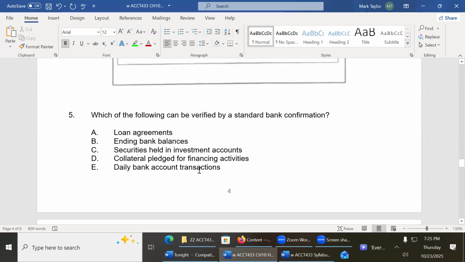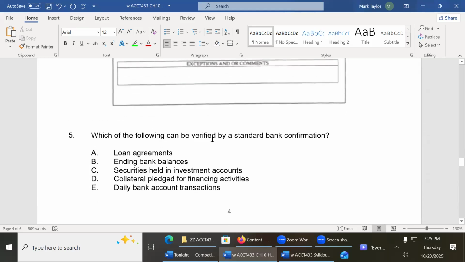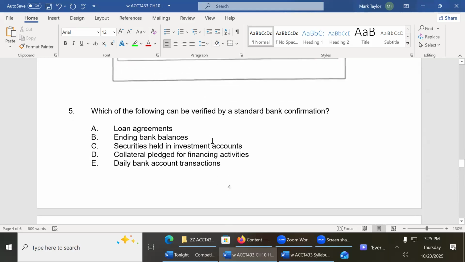Okay. Which of the following can be verified by a standard bank confirmation? There's actually 3 of them.